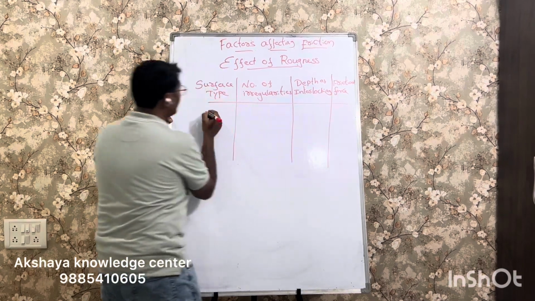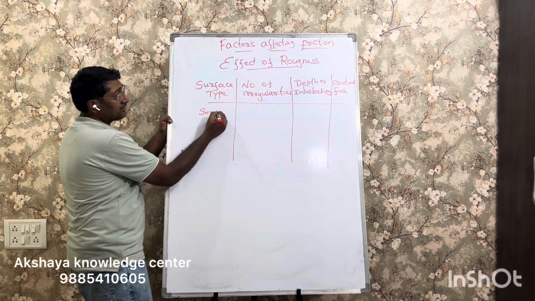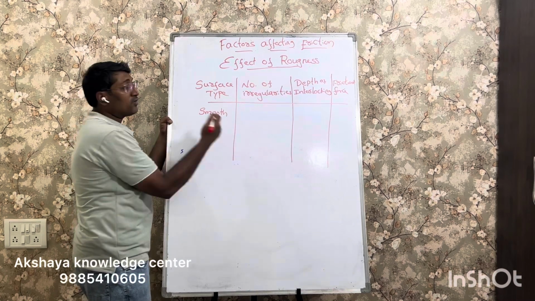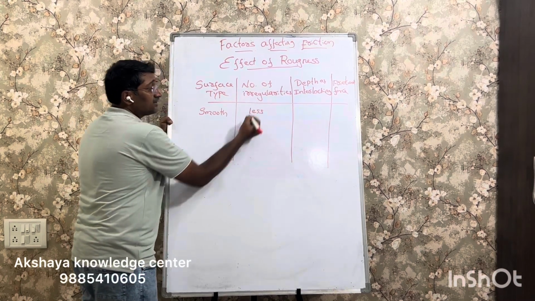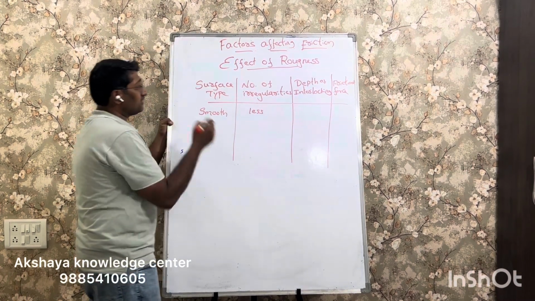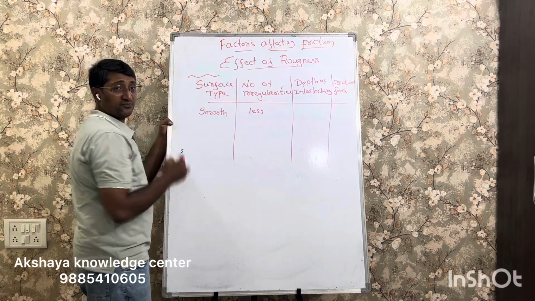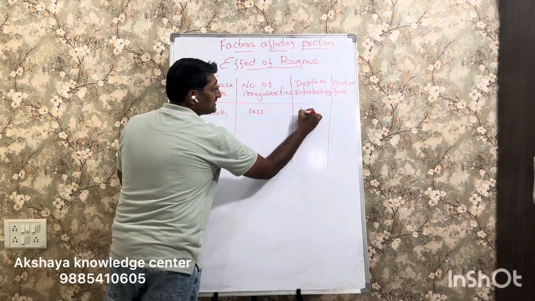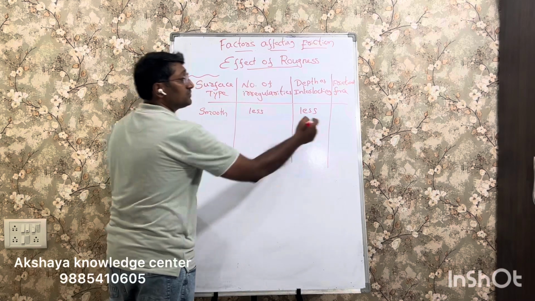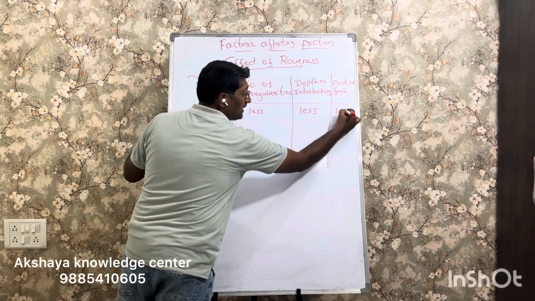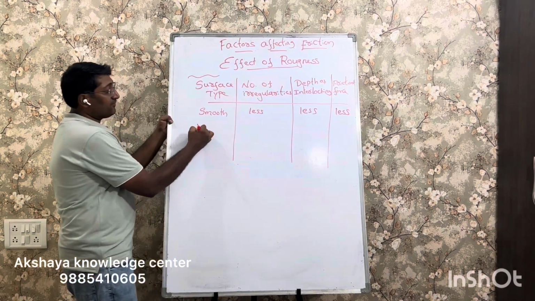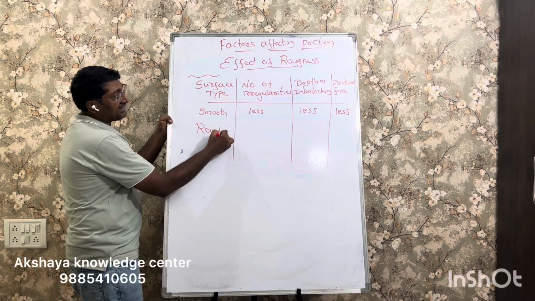So the first one is smooth surface. So the number of irregularities could be less. Because of the shallow type of surface, we get less depth of interlocking, and because of that, frictional force will also be less or low. And for rough surface, it would be exactly opposite.